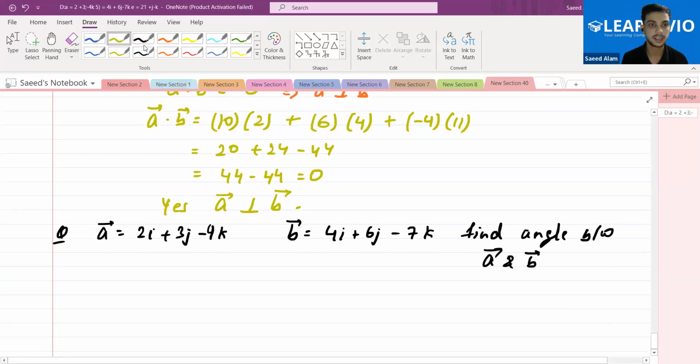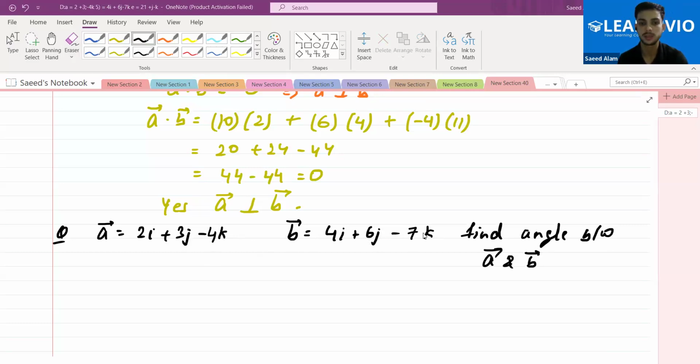Now tell me one thing. Should I make it a good question? Let's keep it somewhat like this only. Minus 3j, whatever it was, let it be like this only. Now we actually want to calculate the angle in between them. So how can we do so?